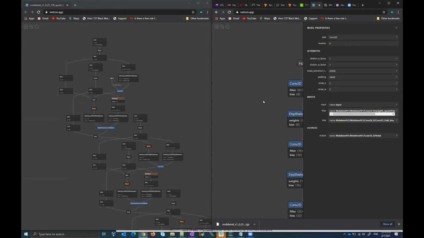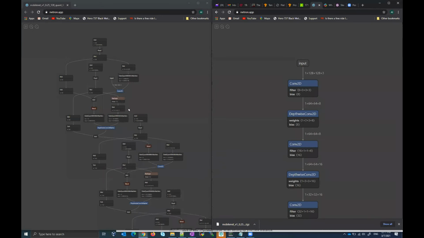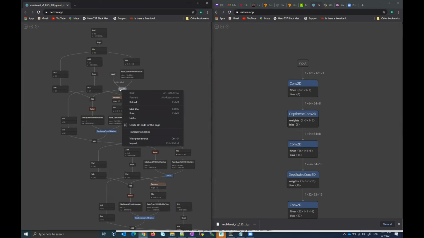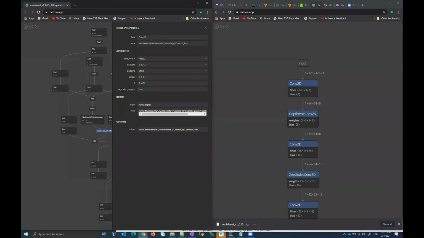Please right click here, because this will give the node properties, the inputs and the outputs. Could you go to the left-hand side of the figure? The left figure, and here you can try right clicking on this one. Left clicking then.